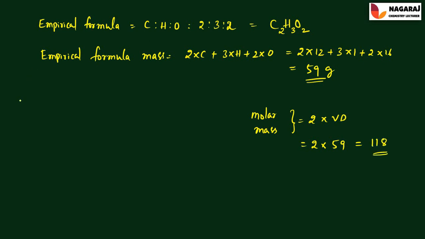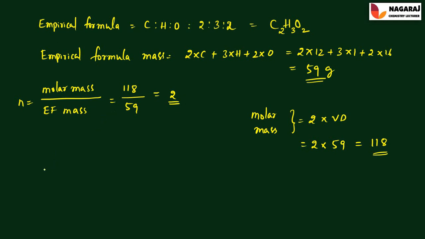So n is equal to molar mass divided by empirical formula mass. Molar mass 118 divided by empirical formula mass 59 is equal to 2.